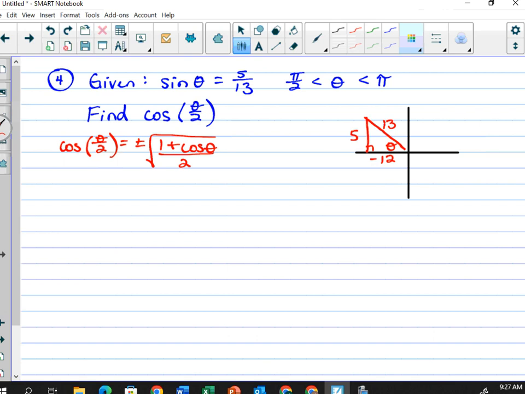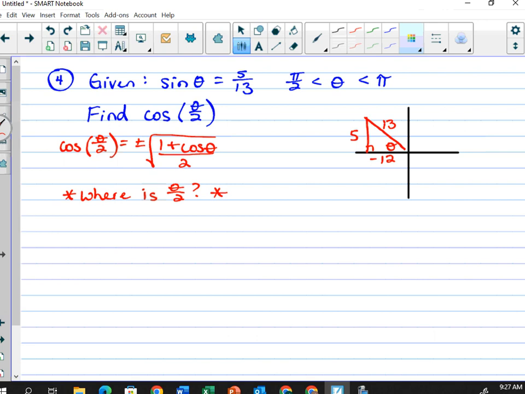Where is theta over 2? That's what you have to start with to figure out your plus or minus, because your picture is just theta, right? I need to figure out half of this.